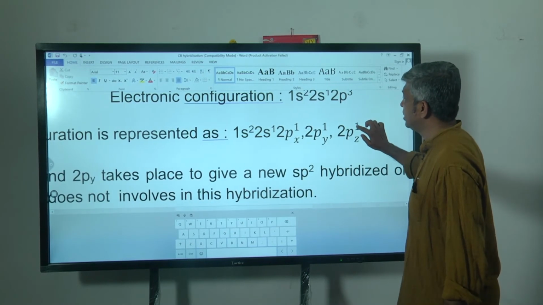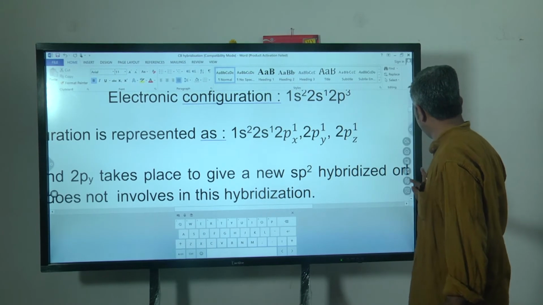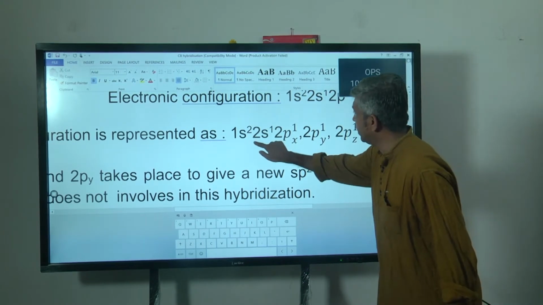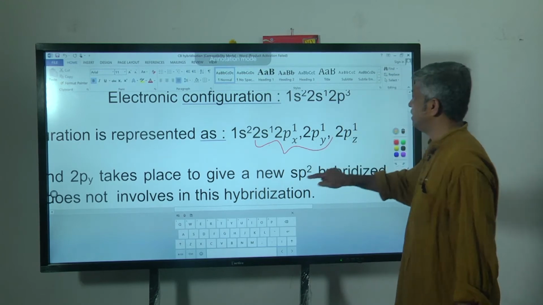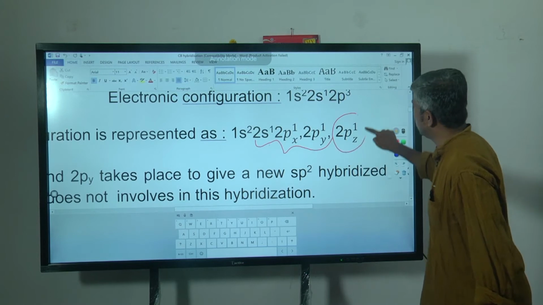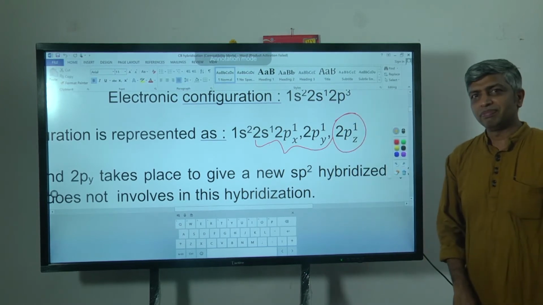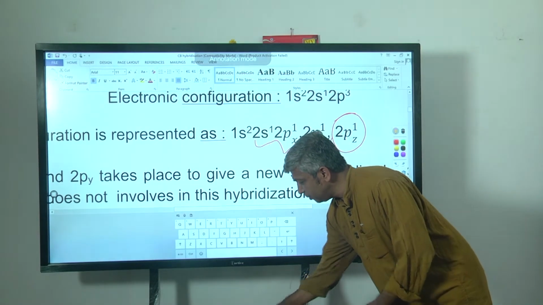But what happens here is different. This 2s1 as well as 2px1 and 2py1, these three are involved in hybridization, whereas 2pz1 is not involved in hybridization. Let us discuss with respect to the pen.